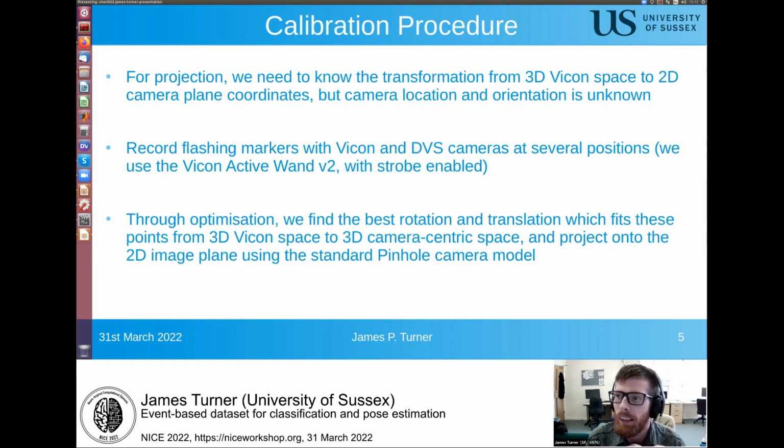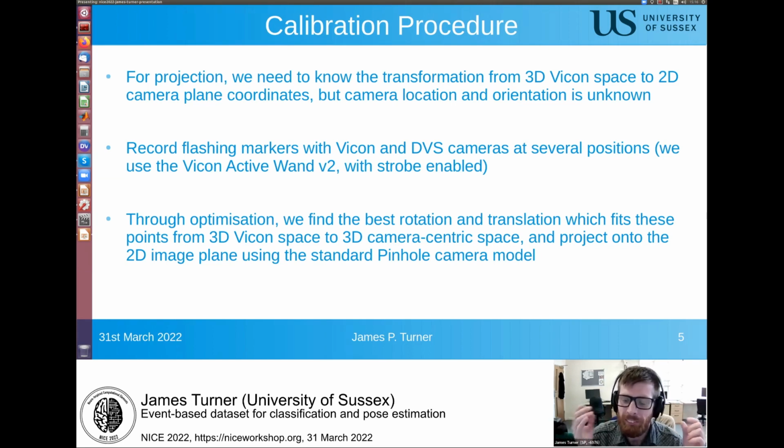As I said, we also need to know the position and orientation of the DVS cameras in order to project onto them. So using a flashing marker, we record on the Vicon tracking system and the DVS cameras at a number of locations.